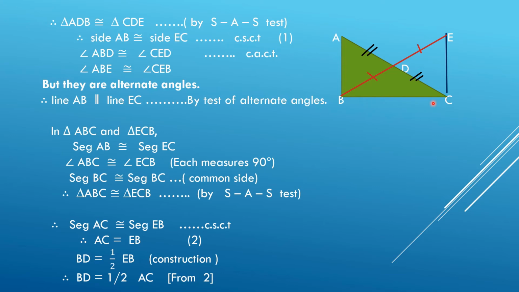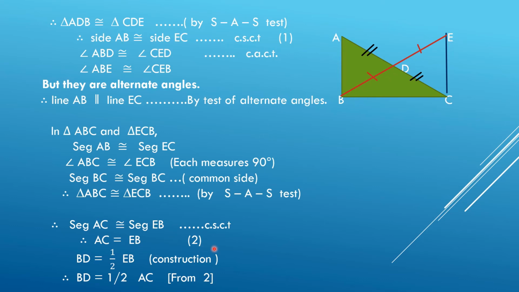By which test are these two triangles congruent? By SAS test, triangle ABC is congruent to triangle ECB, and therefore segment AC is congruent to segment EB by CPCT. Therefore AC equals EB, that is equation number 2.